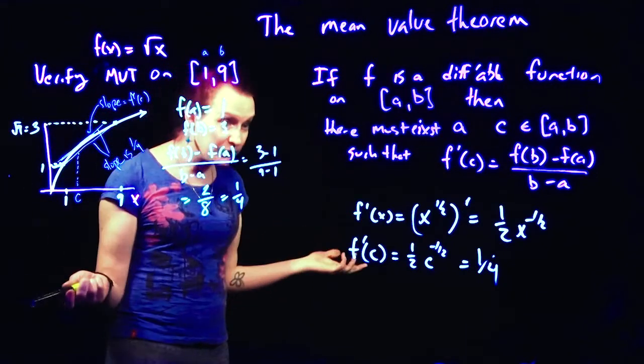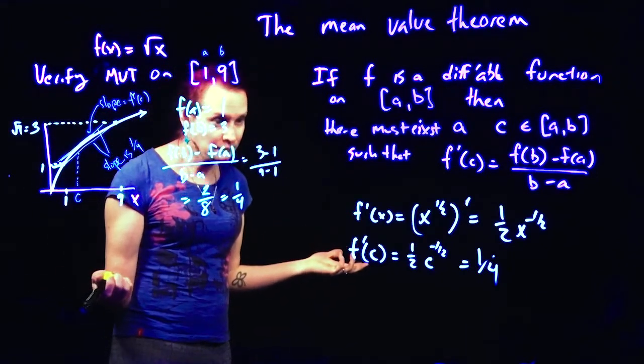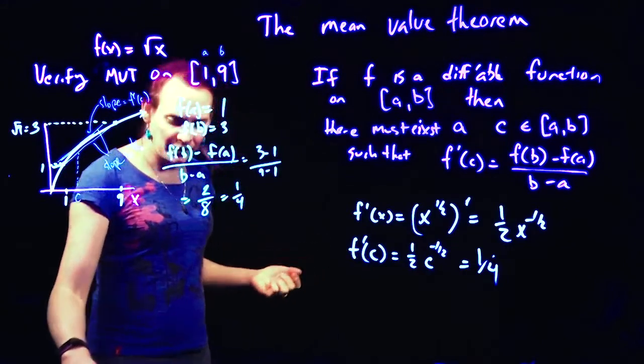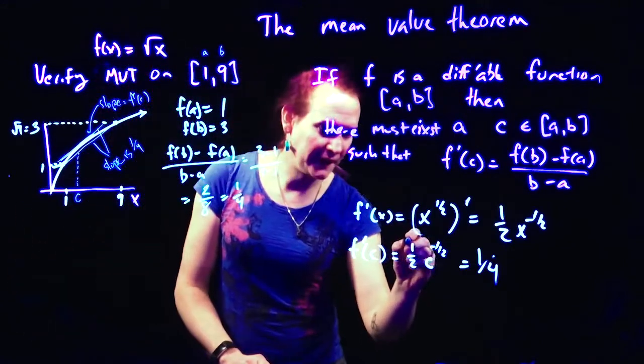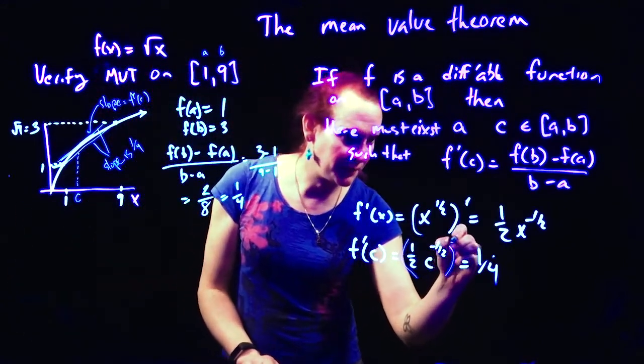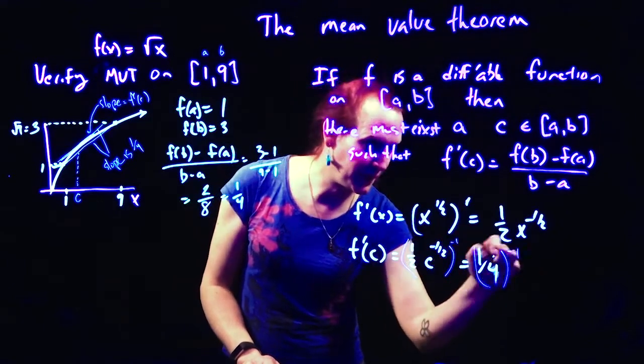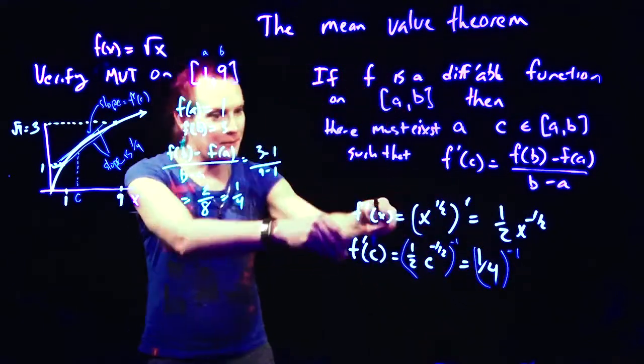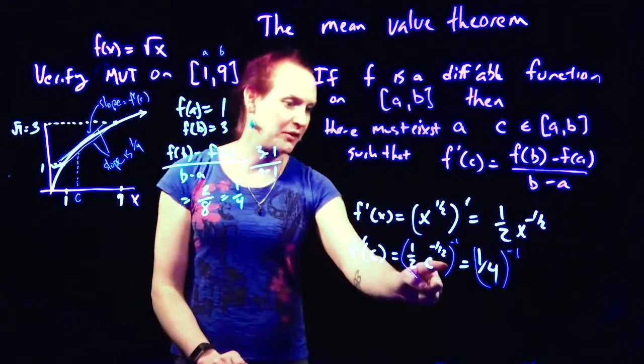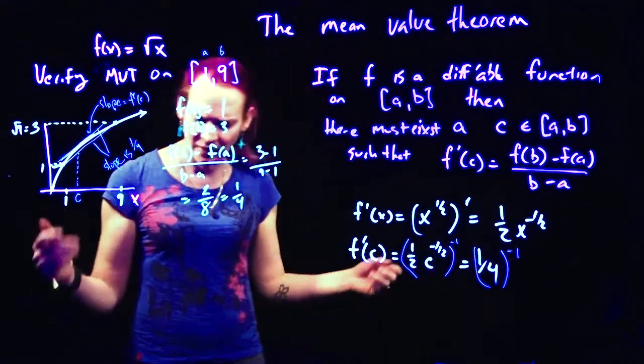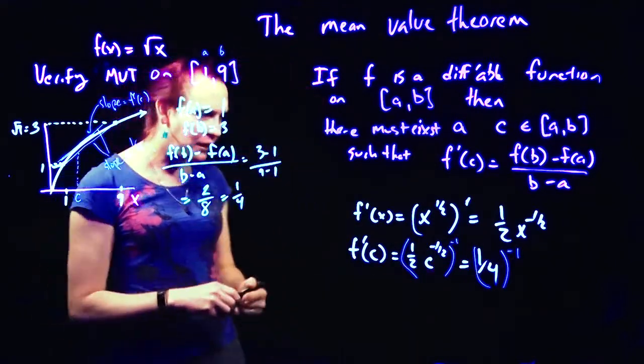So now I'm going to solve. I want to take that side to the -1, and I want to take that side to the -1. So I'm going to reciprocate both sides because I want to deal with this negative power and these fractions. They're kind of annoying me.